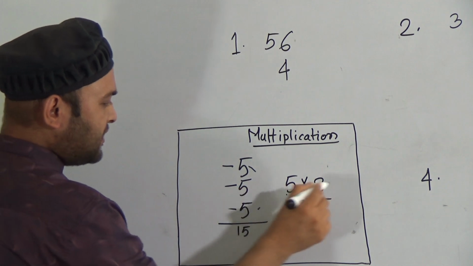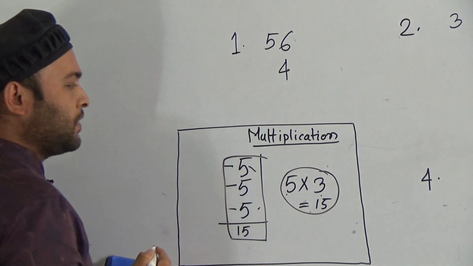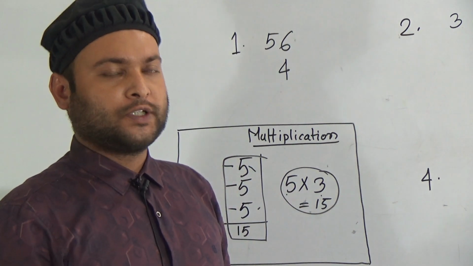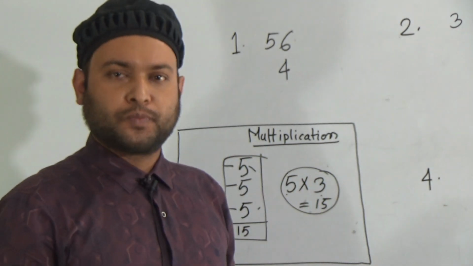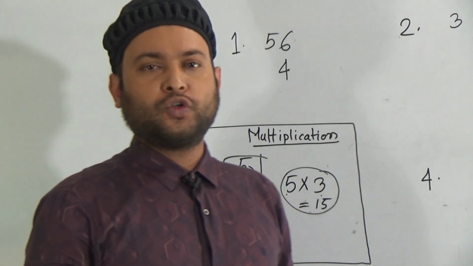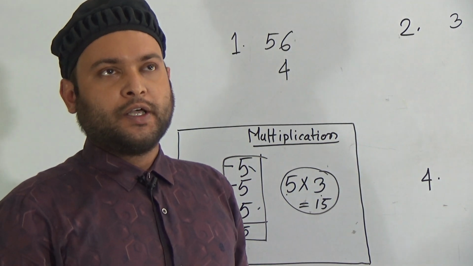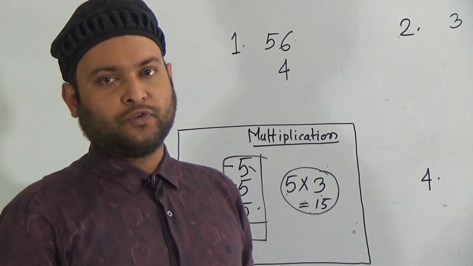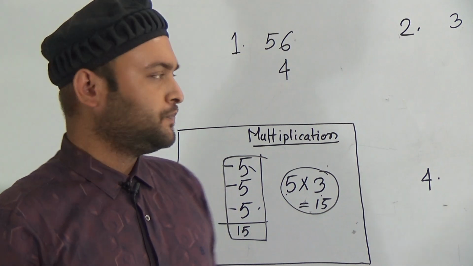So this is the short form of this addition. My dear students, for solving multiplication problems, you have to know the times table, which is called the basic multiplication. You have to memorize this very properly and carefully, otherwise you can't solve the multiplication problem.